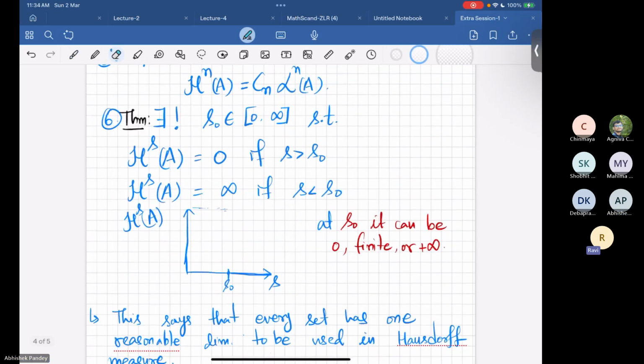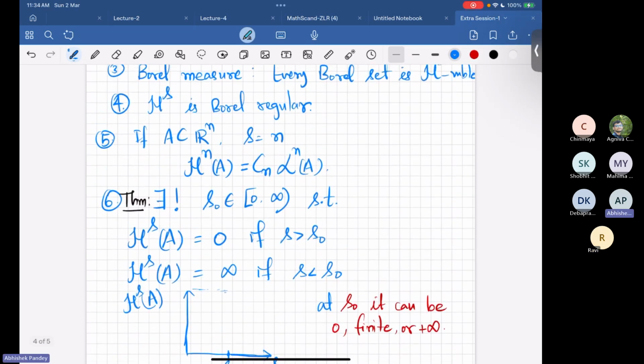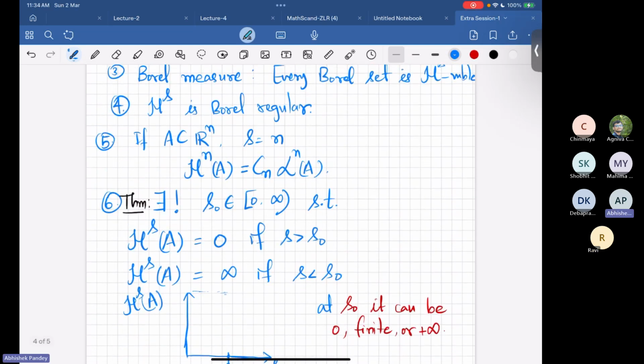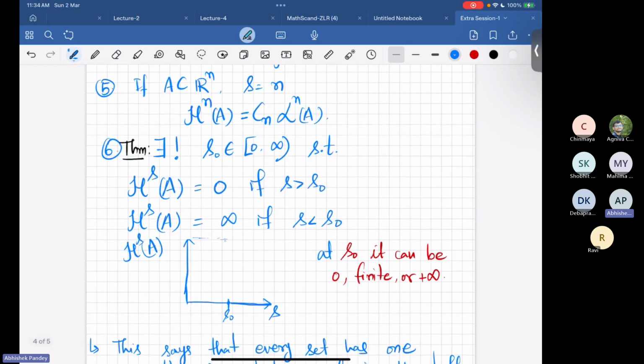So I think we may exclude infinity, I don't think this will be possible here, at least if we are in the Euclidean case. I don't know about an arbitrary metric space, the same thing may happen, but we have to see. But in the definition, it is included.